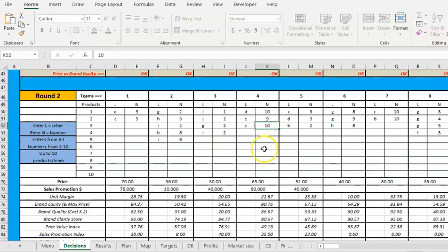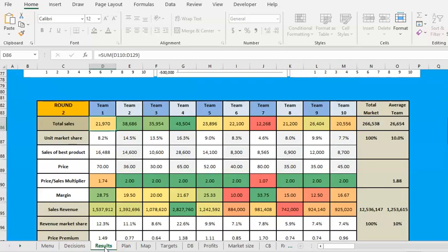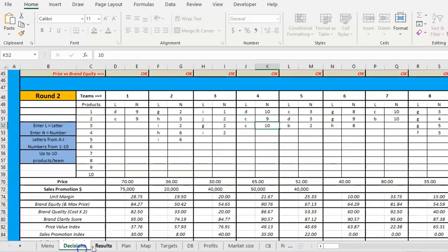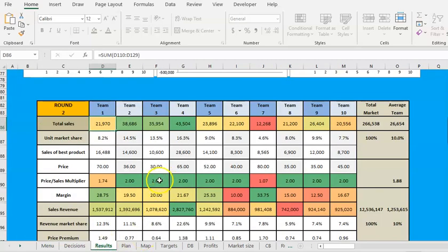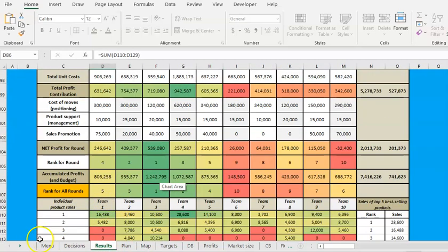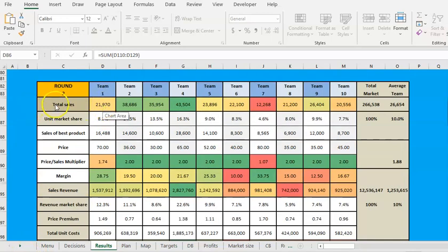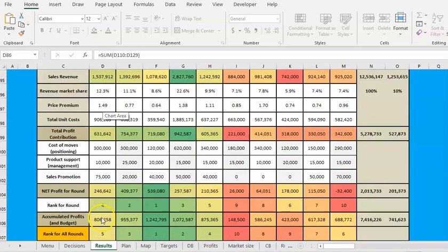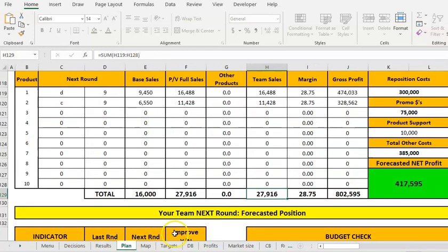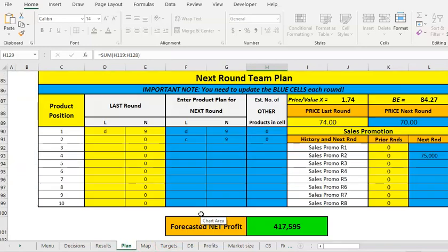Let's change this one here. Say another team went into C9. You can see when we go to the results, our sales are dropped from almost 28,000 to 21, 22, and you can see our profitability is now only 246. We go back into plan because somebody went into C9 and we didn't predict that.